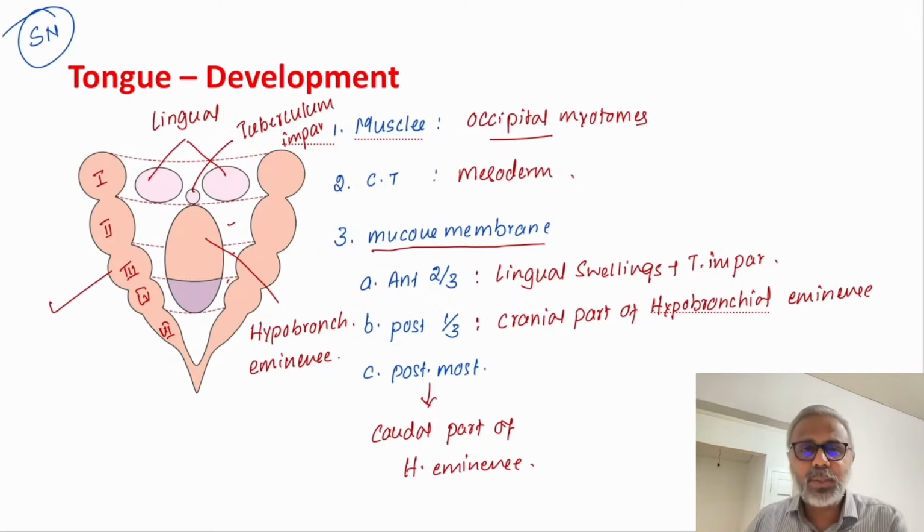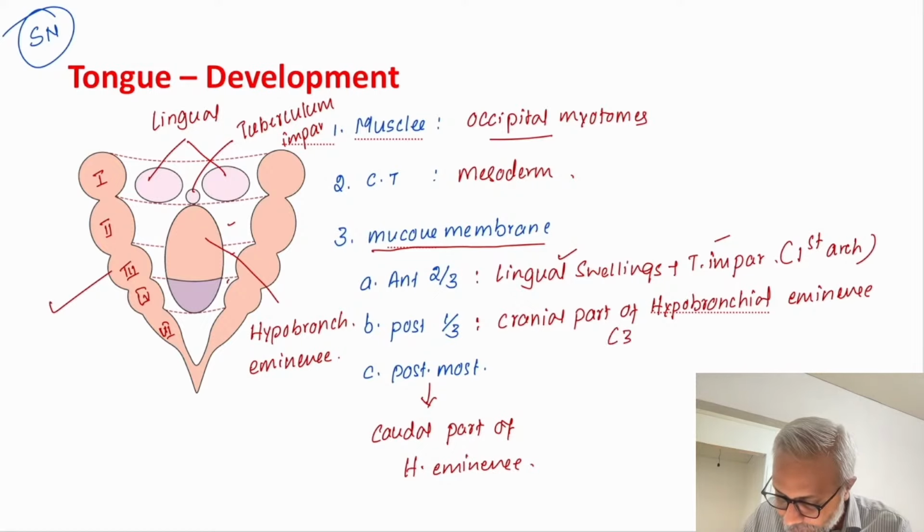The anterior two-thirds of the tongue mainly come from the lingual swellings and tuberculum impar, which come from which arch? The first arch, right? That is why it is supplied by the lingual nerve. It is a branch of the mandibular nerve. The mandibular nerve is the nerve of the first arch, right? What about the posterior one-third? The cranial part of the hypobranchial eminence mainly comes from the third arch.